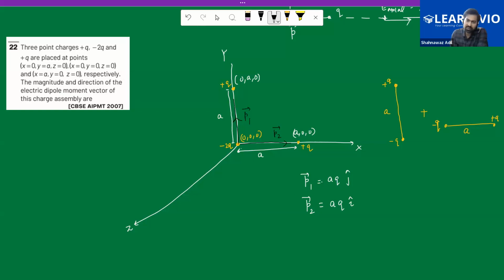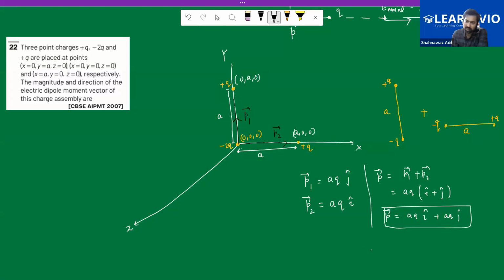So now I have to find the resultant of these two vectors. The resultant would be simply P1 plus P2. So this is aq (j hat plus i hat), so this is aq i hat plus aq j hat. What would be the magnitude of this vector?